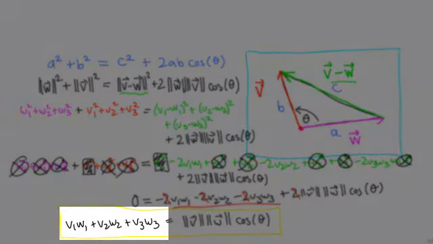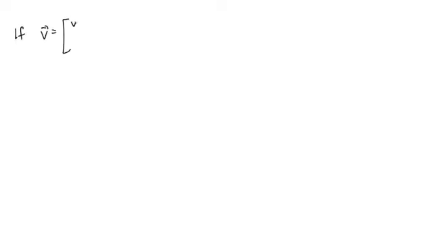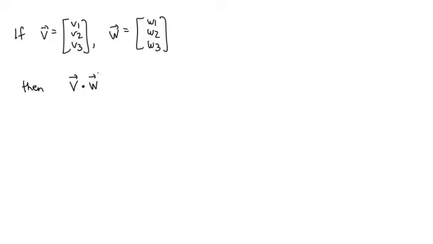In fact, the expression on the left is so important that we're going to give it its own special name. If a vector v has components v1, v2, and v3, and the vector w has components w1, w2, and w3, then we're going to define the following symbol, v dot w, to be the formula v1w1 plus v2w2 plus v3w3.